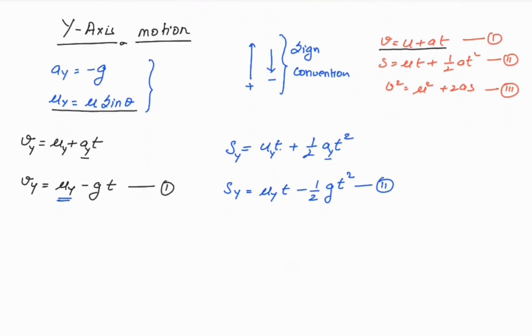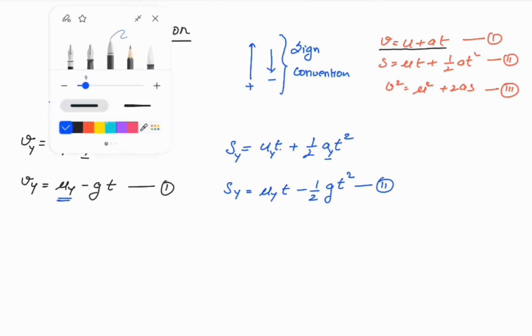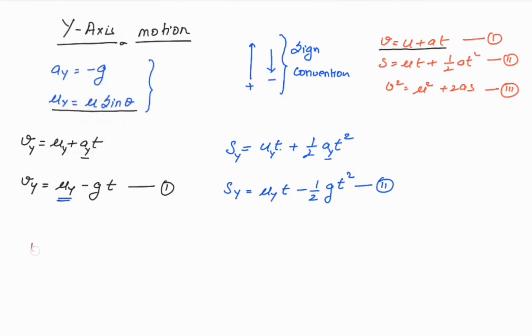Now look at how to modify the third equation. The third equation is v square is equal to u square plus 2as.